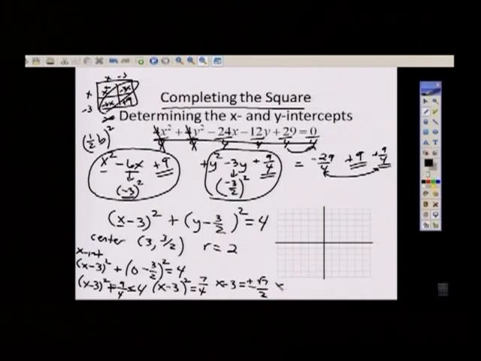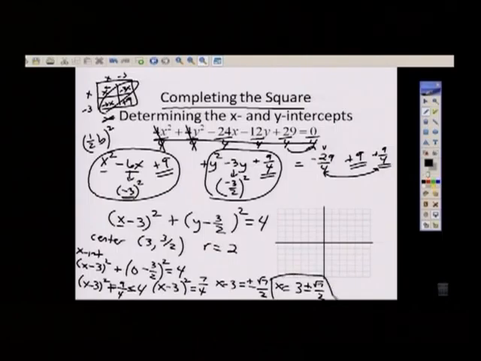Finally, x would equal 3 plus or minus the square root of 7 over 2. So this actually has 2 x-intercepts.